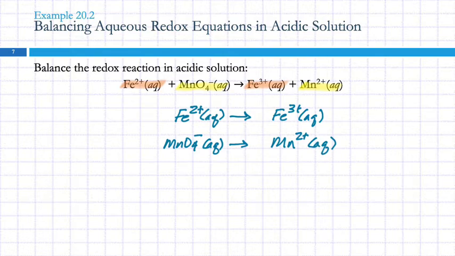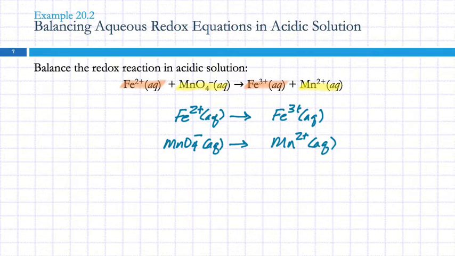We're going to balance for mass. 1 iron and 1 iron, already good. Here, I want to do the manganese first and save oxygen for later. So 1 manganese, that's good. But here's our problematic 4 oxygens. We have to add something in on the other side that has oxygen in it.